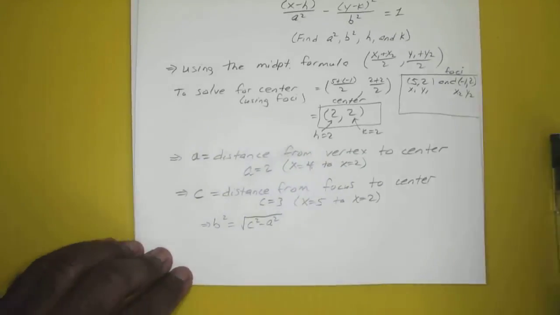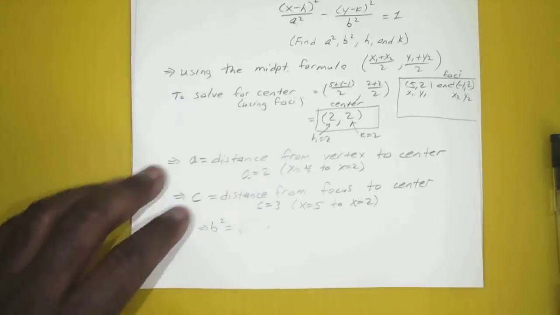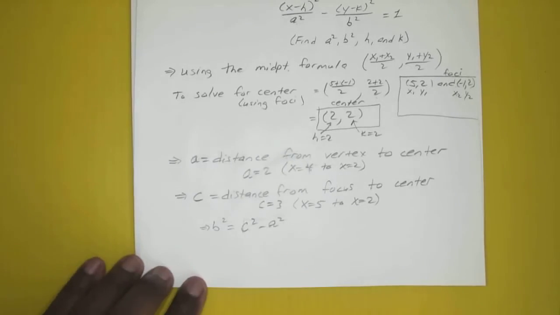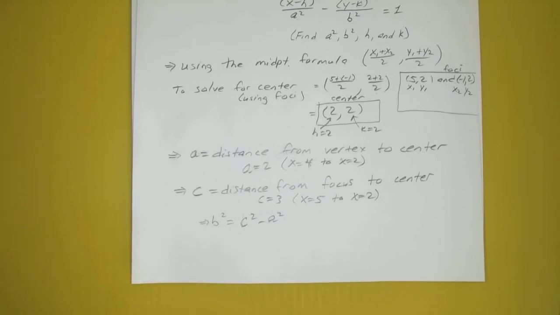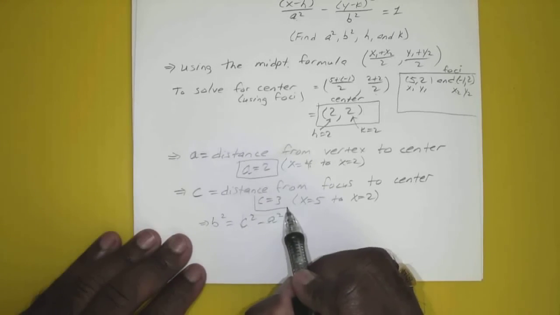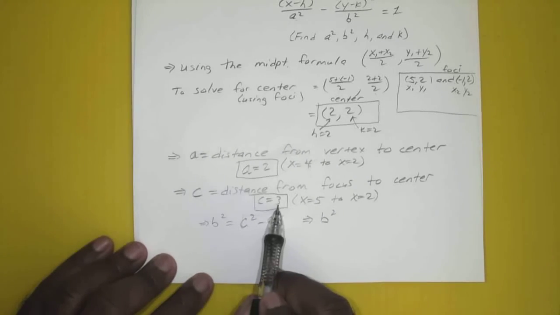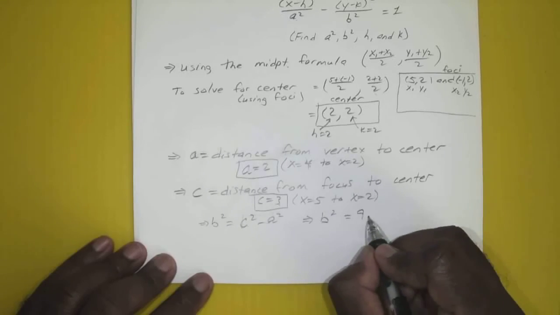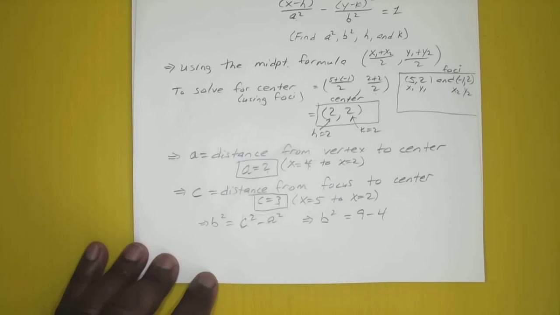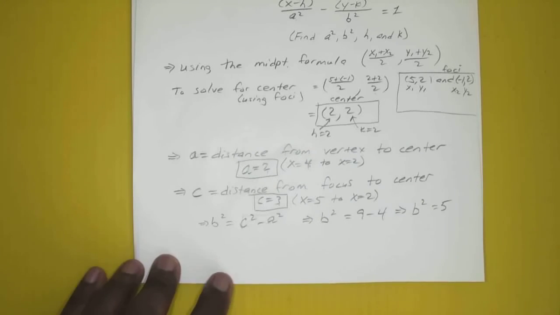I'm just going to leave it as B squared since we're going to need that anyway, so there's no point in square rooting it. Okay, so if we plug in our C and our A, we know that B squared equals C squared, which is 9, minus A squared, which is 4. So B squared equals 5.